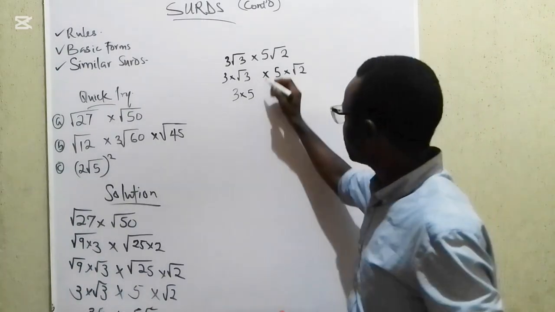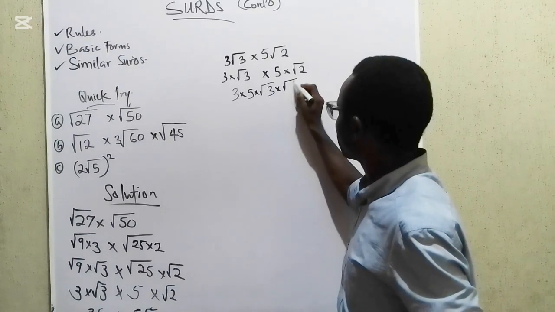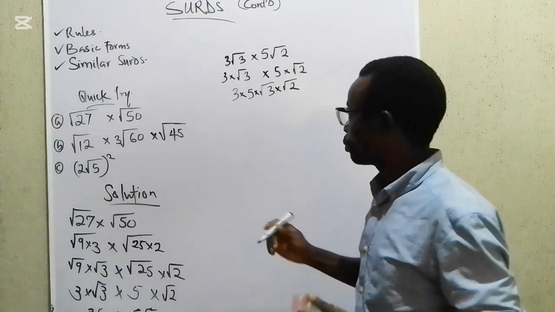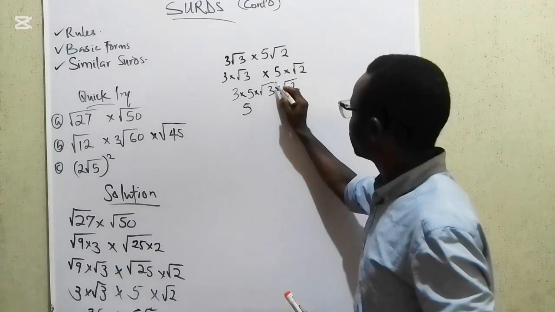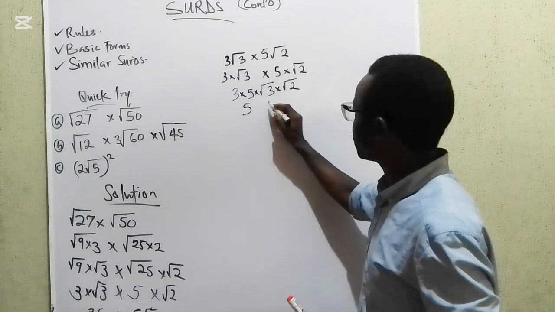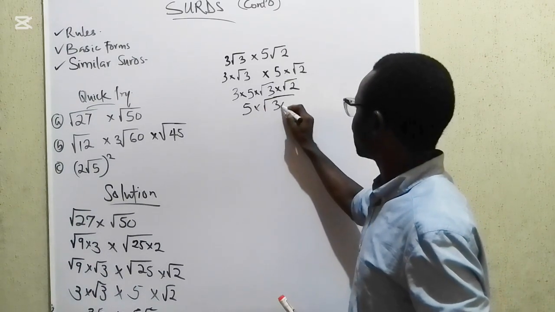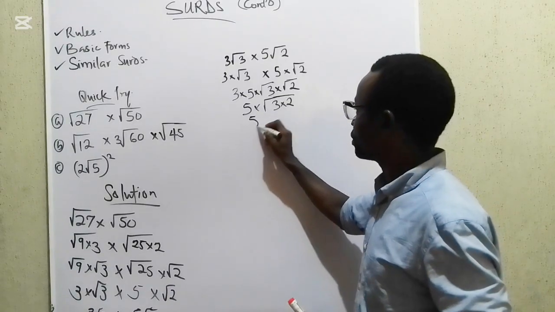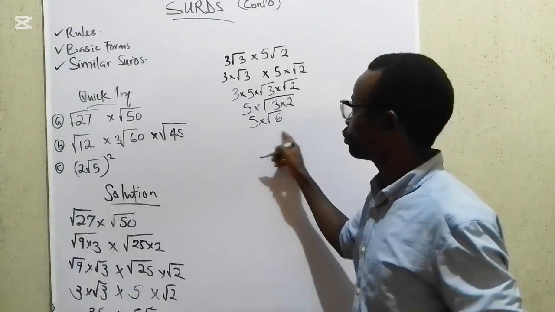Then root 3 times root 2. So this is 3 times 5, and this is the same thing as doing root 3 times root 2. So what you now have is 3 times 5, and 3 times 2, which is 6.